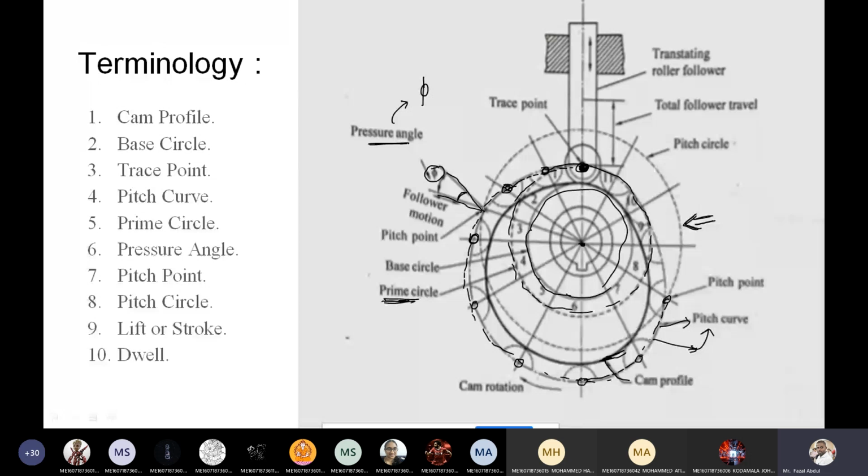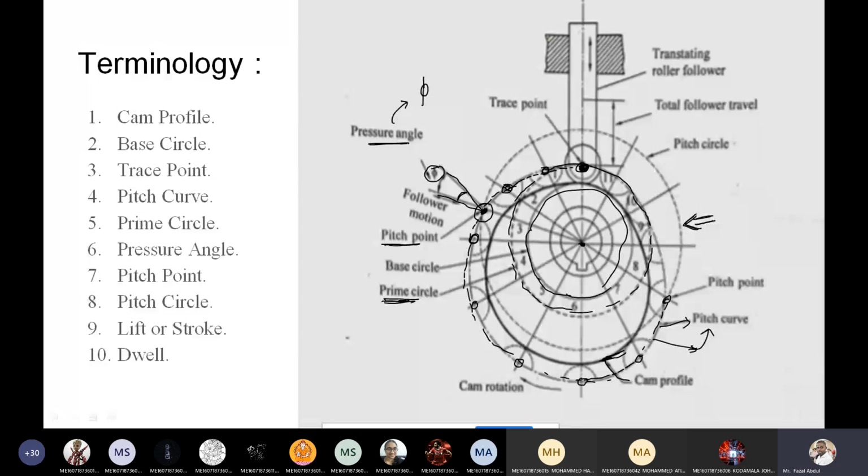In this diagram, the maximum pressure angle is obtained here at this particular point, so this point is known as a pitch point.